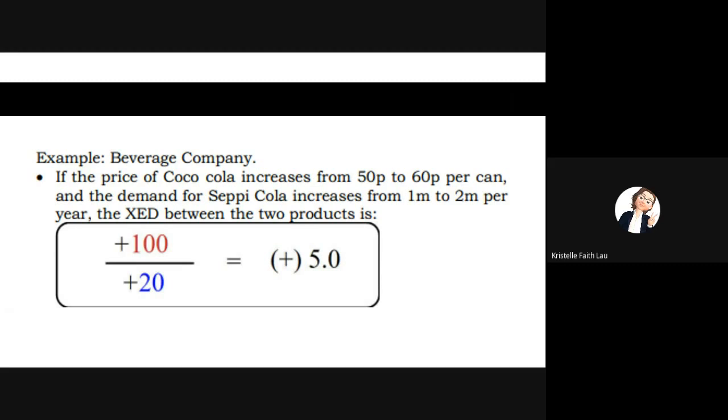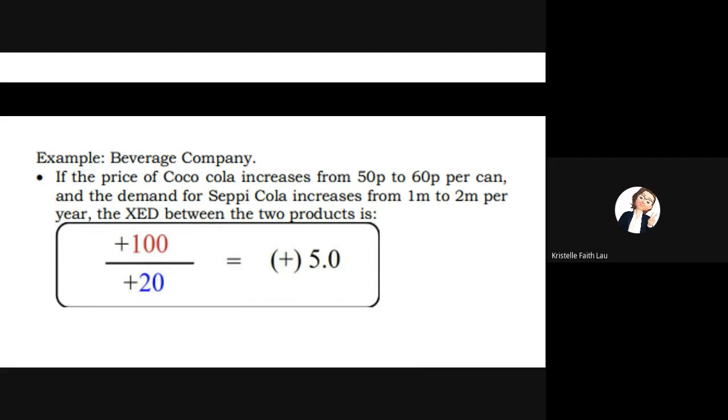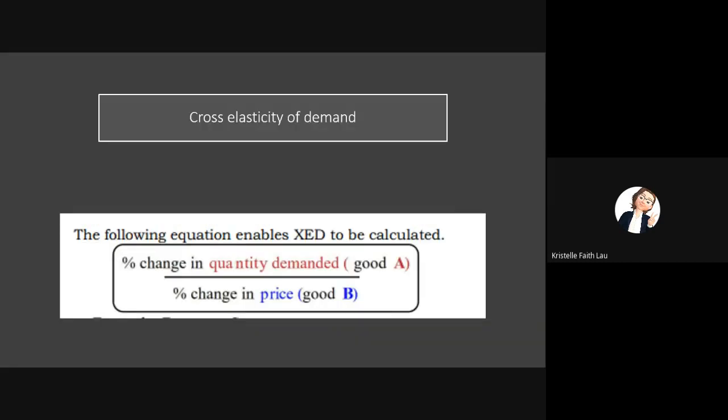So again, dito is percentage change in quantity demand of good A and the percentage change in price of good B. Ito yung basis natin.